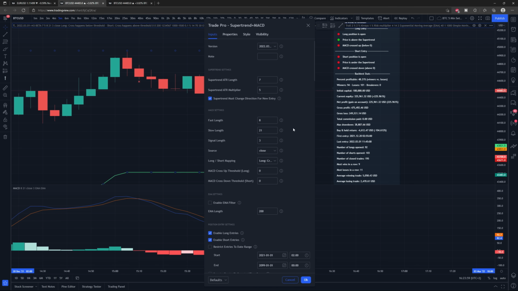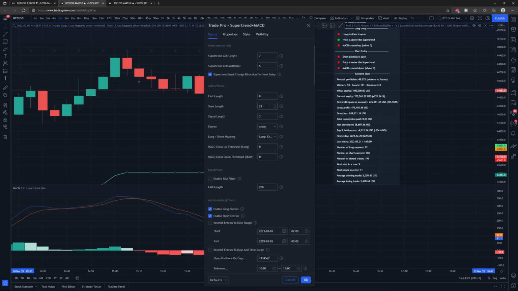Now, next is the MACD settings. So pretty obvious here. Already went over this with the different settings of the MACD itself.